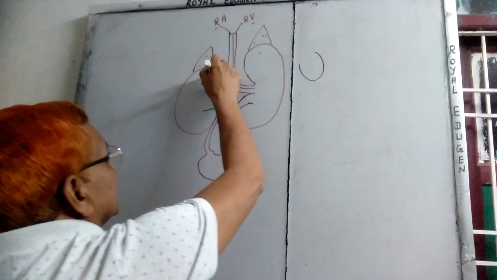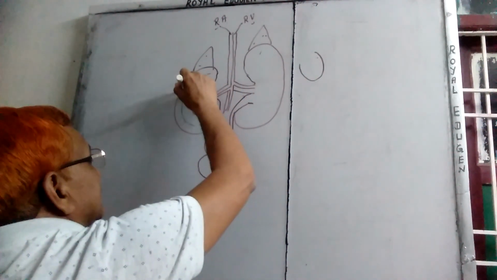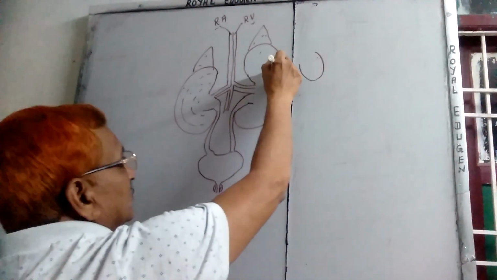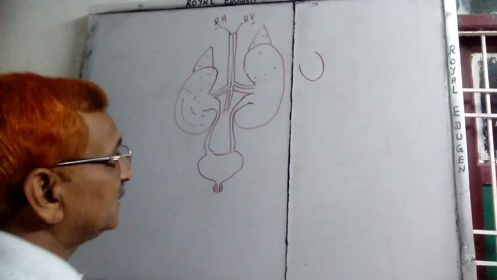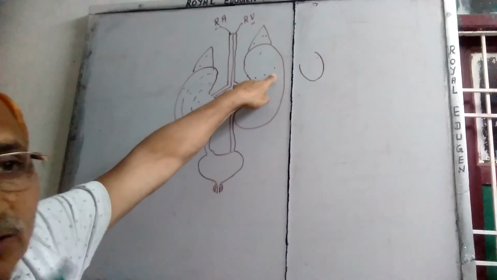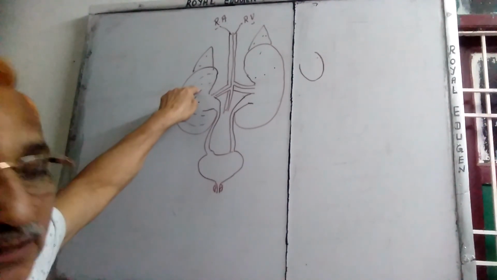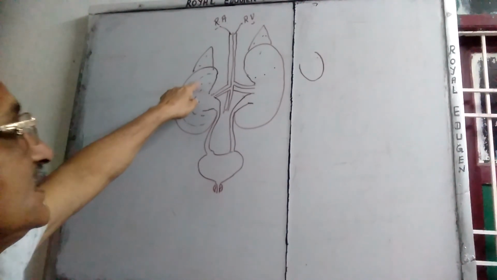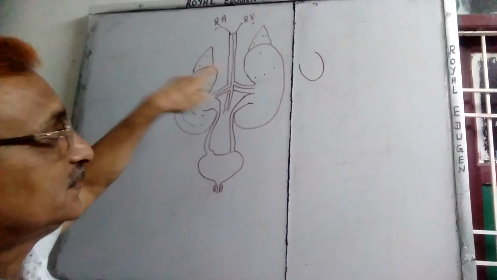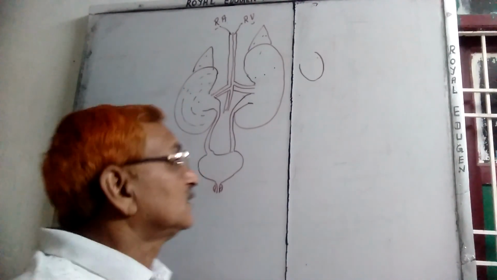One kidney has three parts, you are already familiar: cortex, medulla and pelvis. In the cortex and medulla region there are 1 million nephrons, the unit of excretion, present in every kidney. So we have altogether 2 million nephrons.